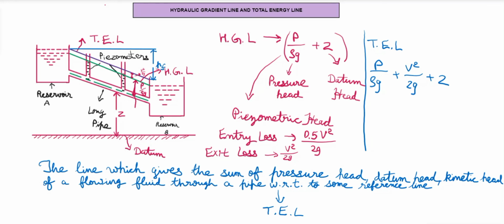You'll even write that the hydraulic gradient line is equal to P by rho g plus Z, and then represent all the terms. Also the minor energy losses, and then write the equation for the total energy line. These two are important concepts and are asked many times in the competitive exams.